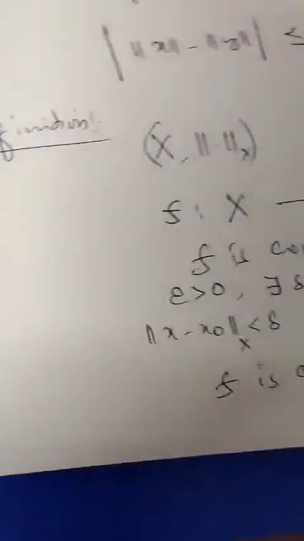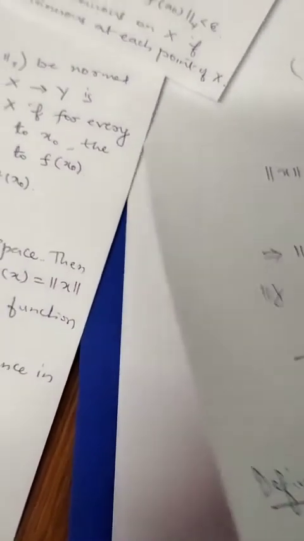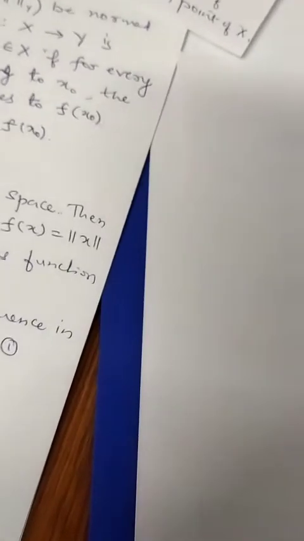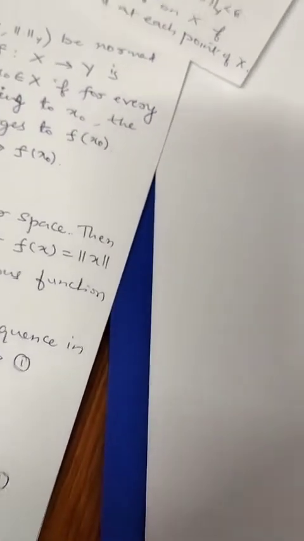So alternatively this definition can be restated as follows. Suppose x is a normed linear space with the norm x and y is another normed linear space with the norm y.